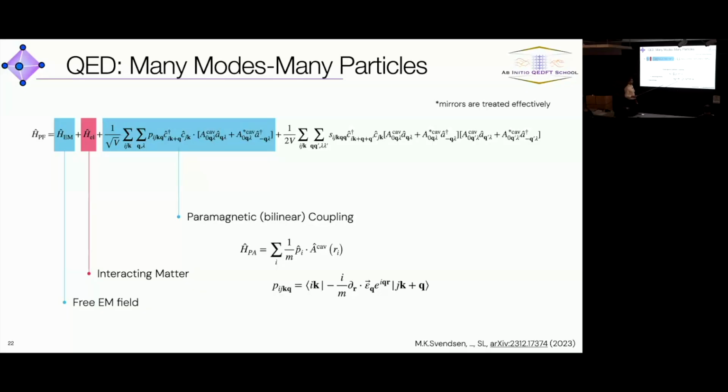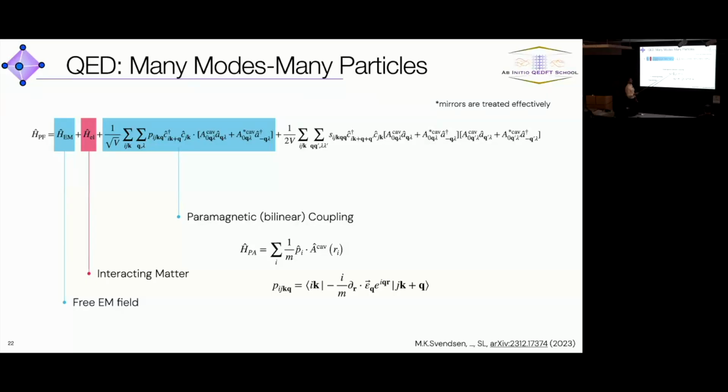You have to put all the electrons in. And here is just a rewriting of this term where you use second quantization. It doesn't matter. What matters here is that the process is describing the creation of an excitation associated to a certain electronic transition at the expense of creating or destroying photons.